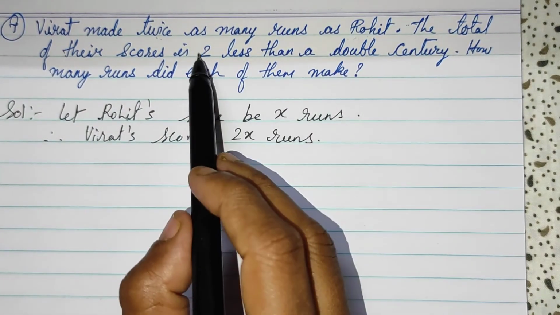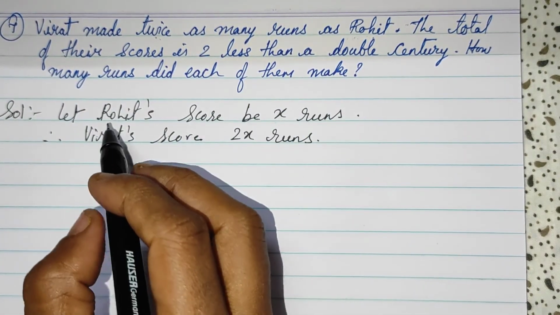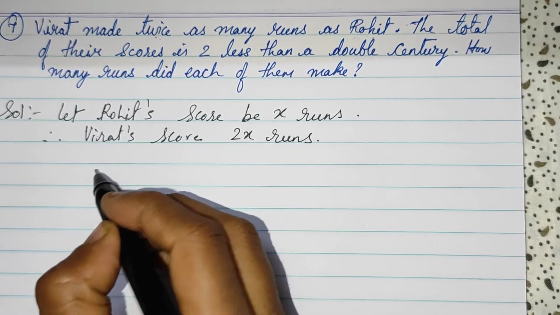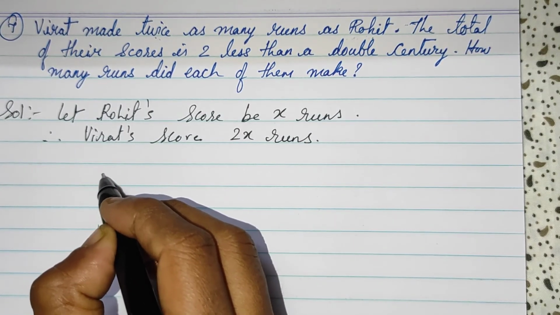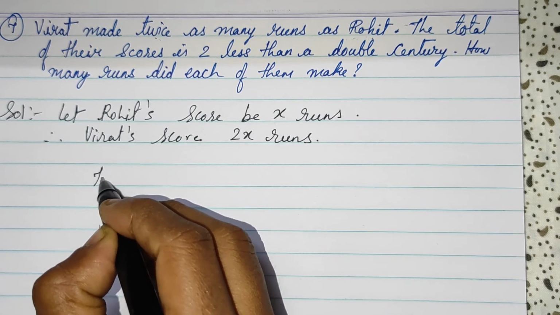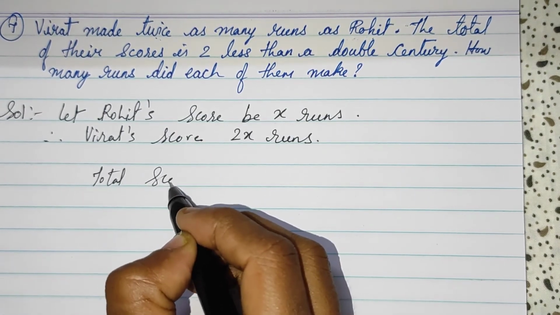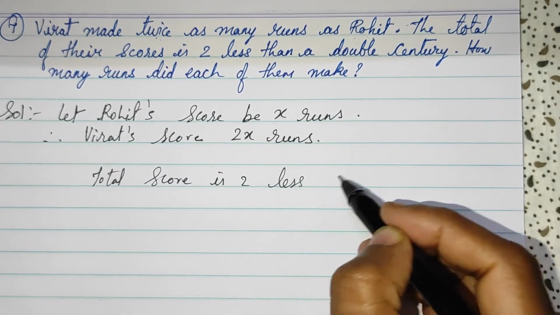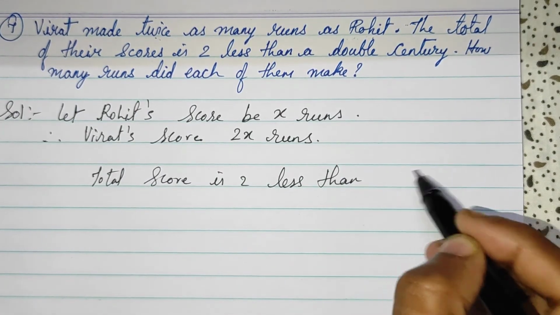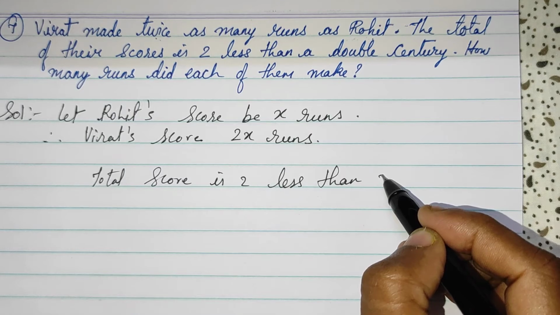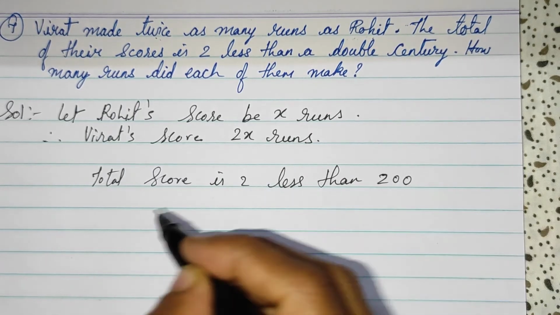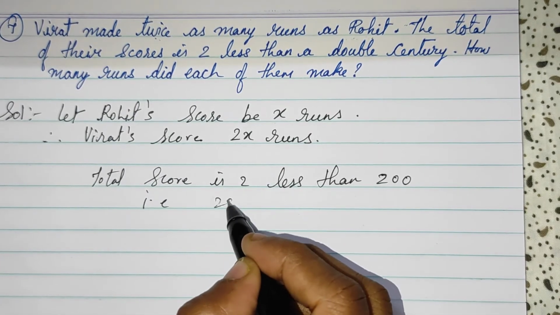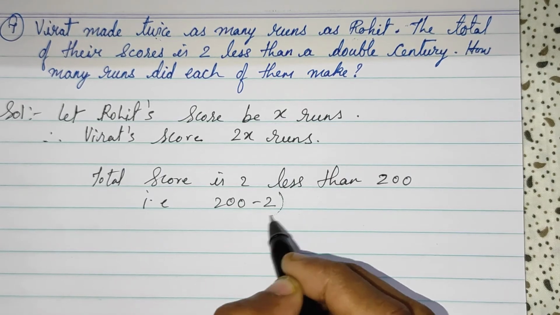So 2 less, so that means the total score is 200 minus 2.